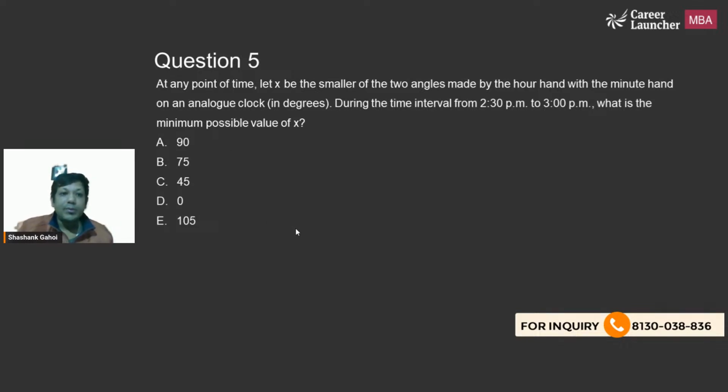Now, smaller angle means, okay, so I am going to start at 2:30. So just draw the clock. In the questions of clock, if you draw the clock, then I think you are going to have a reasonable idea. So this is 2.